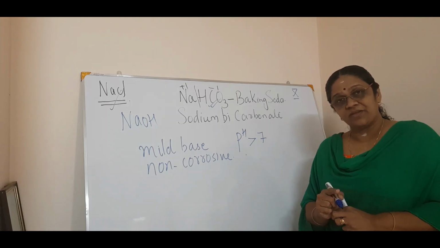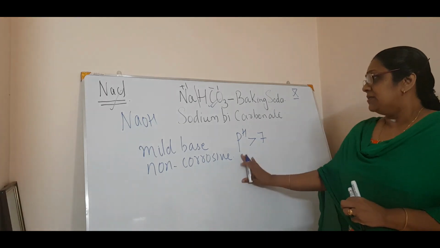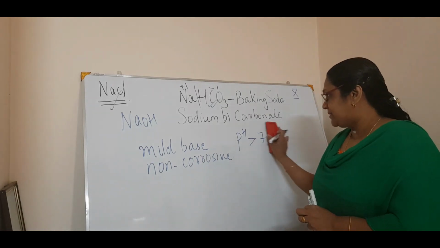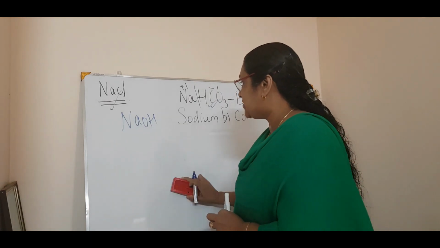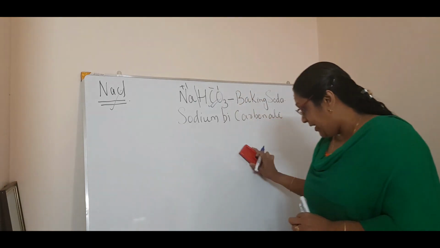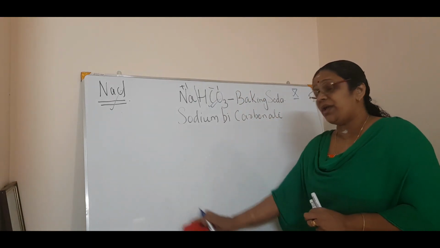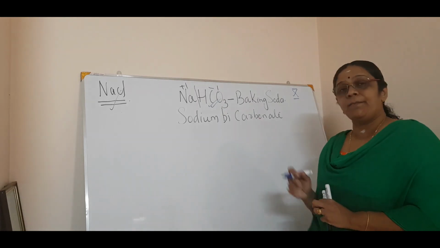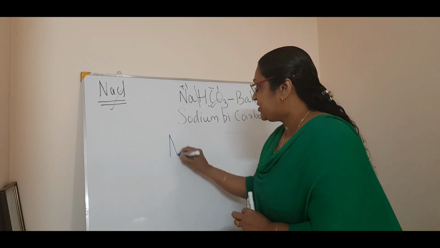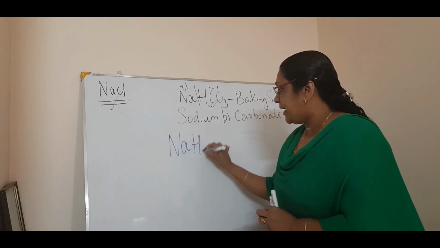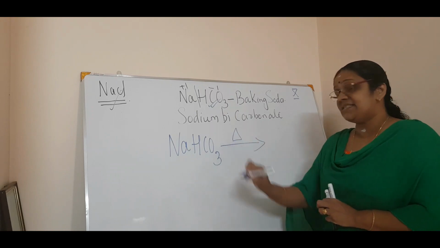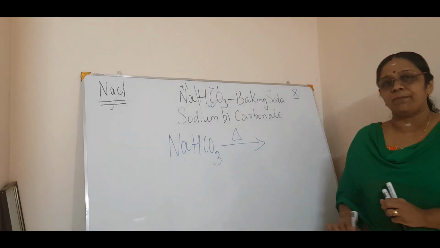Got it? Now we come to the uses of sodium bicarbonate. So now you know how sodium bicarbonate is prepared. Now there is only one reaction of sodium bicarbonate, and that reaction is when sodium bicarbonate is heated, you just heat that sodium bicarbonate.